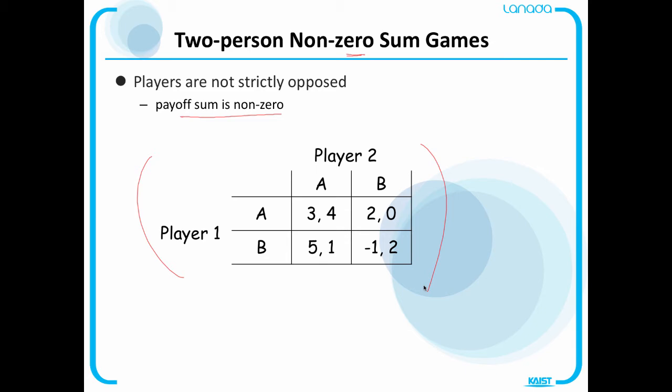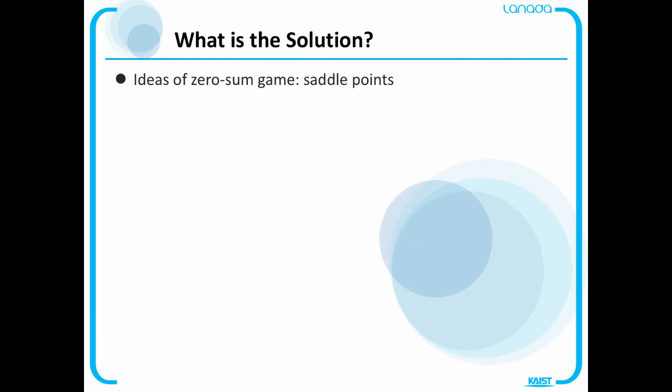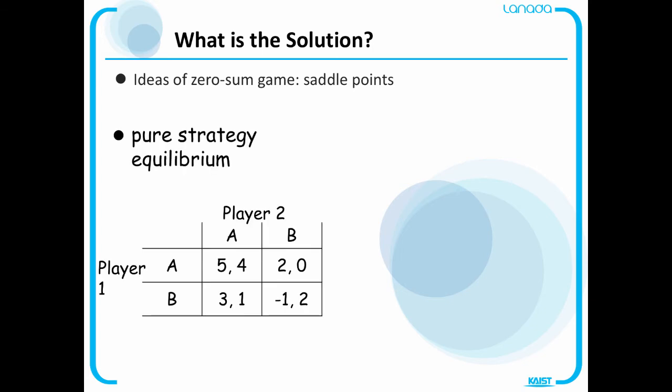Why don't we just apply the saddle point concept to this non-zero sum game? Probably we can do that. This non-zero sum game obviously reflects the situation where interests are not directly opposed. All right. There are many types of games that we can think of. So why don't we play the saddle point? Let's do that.